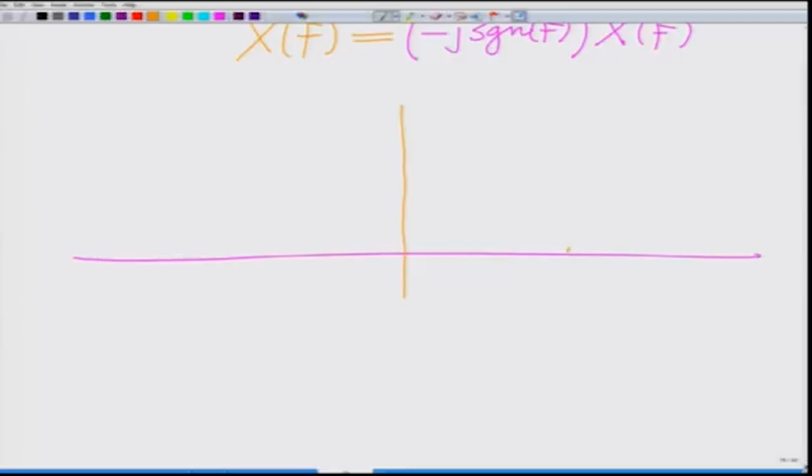So, the positive band at f c is multiplied by minus j, this is minus j sgn f, and the negative band, that is if you look at this band which is at minus f c, this band will be multiplied by j, correct.